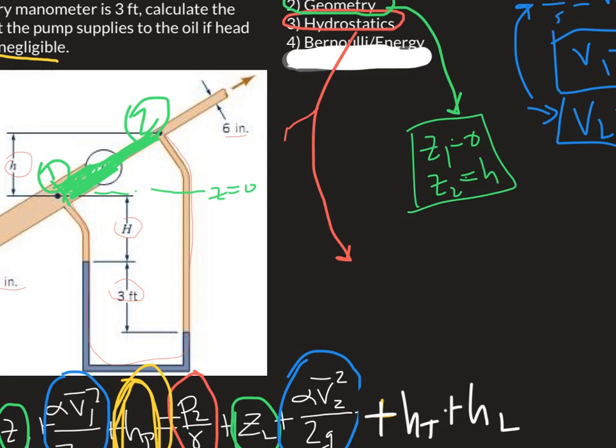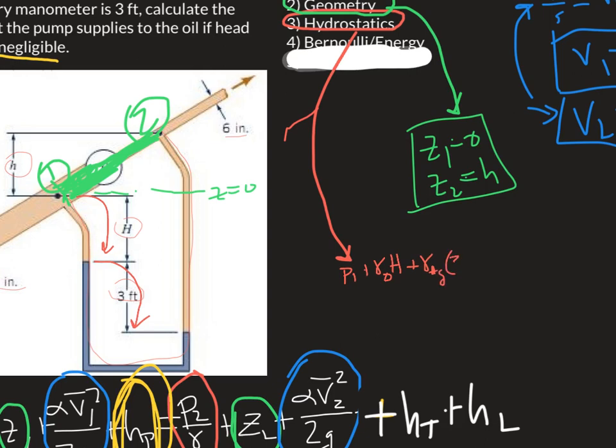Now we're going to do the manometer equation, because we want hydrostatics in order to get our pressures. So the pressure at 1. You should remember this from pretty early on. Now we're going to go down, plus gamma, that's the oil, H. Then from there down to here, plus gamma mercury times 3 feet.